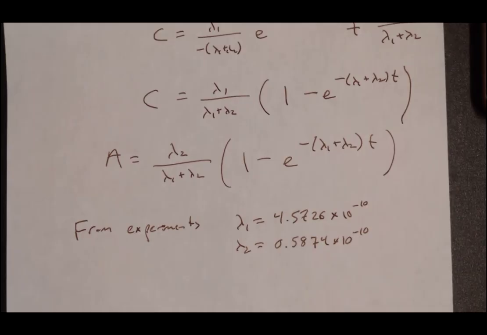So I have a question for you. If I let my potassium go, and I'm just going to let it all decay, it's all going to turn into argon and calcium. Which will I have more of? C or A?